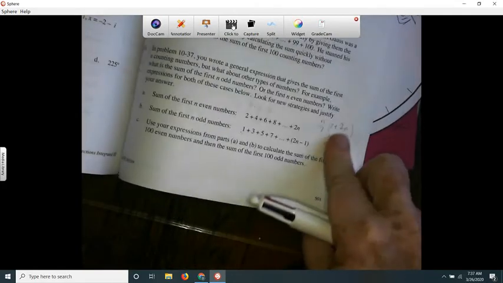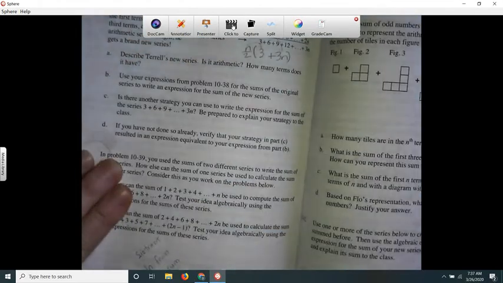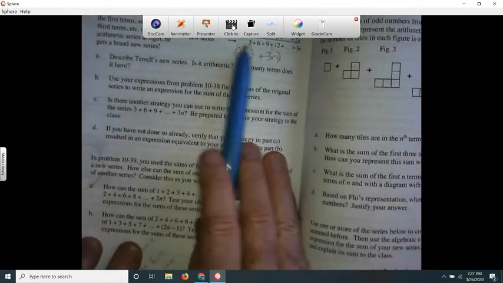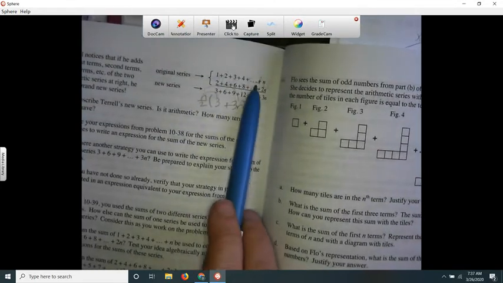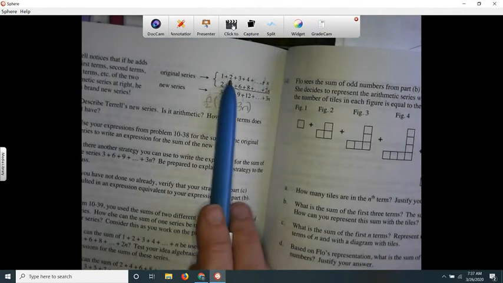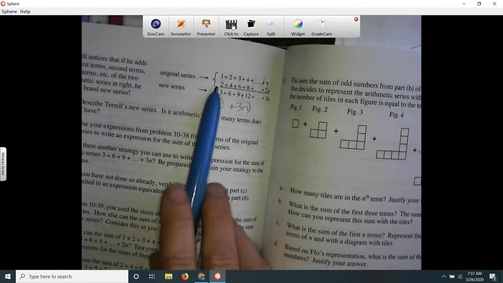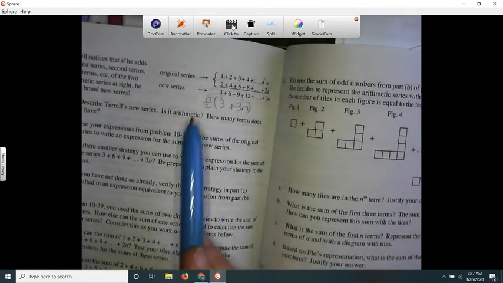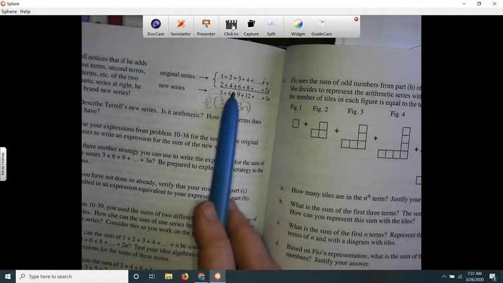I'm not going to do these problems, but I want to show you that sometimes we would have a reason to add one series to another series. And that's what they're showing right here. They have a series that goes 1, 2, 3, 4, 5 all the way up to n. And then they have another series that's just 2, 4, 6, 8, 10.